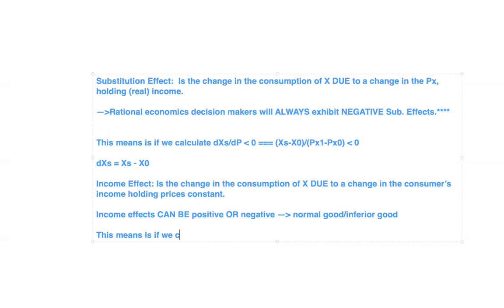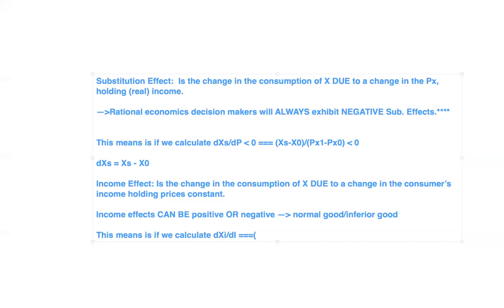If we calculate the income effect portion, I'll call it dxi for the income effect, over di, which is the change in income. So hopefully you guys can see that.